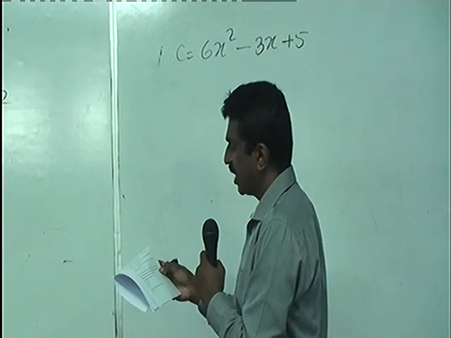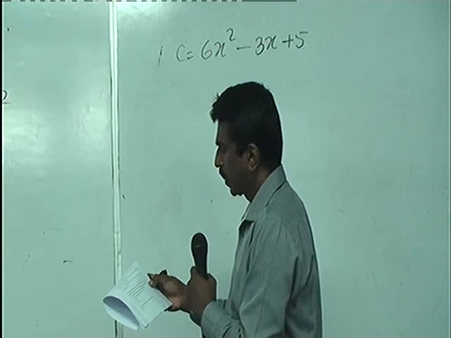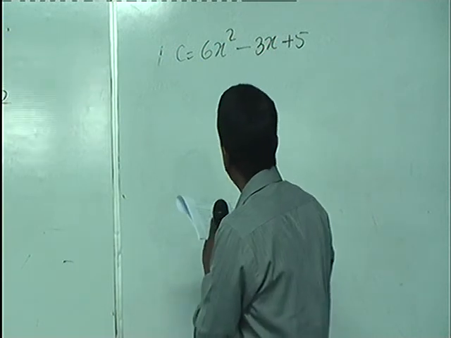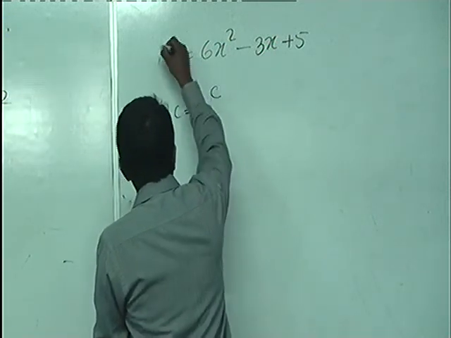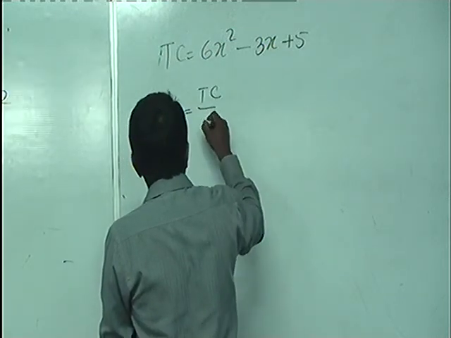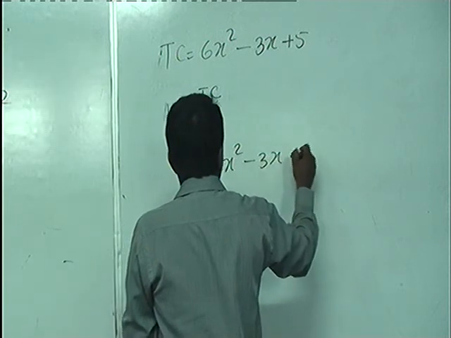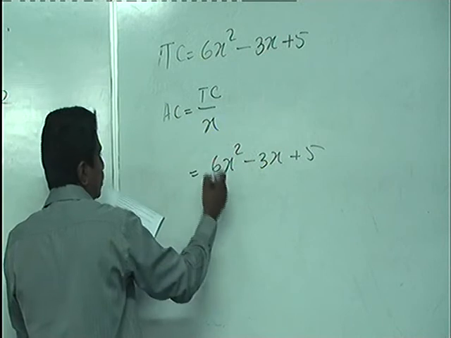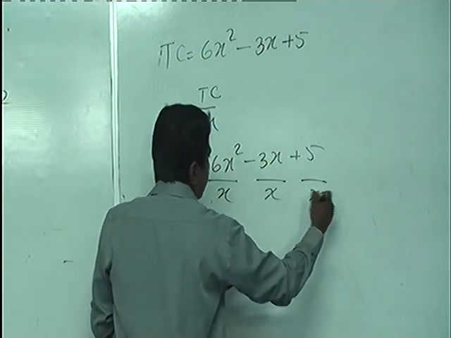The first one: the average cost of the product is 6x minus 3. How to calculate the average cost? AC equals total cost, this is a total cost function, TC divided by quantity. 6x squared minus 3x plus 5 divided by x.